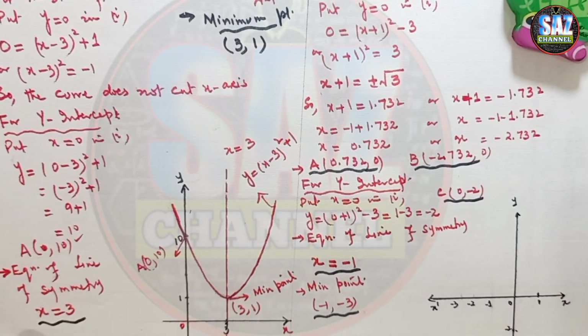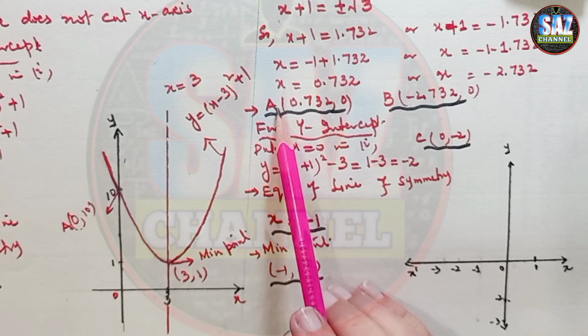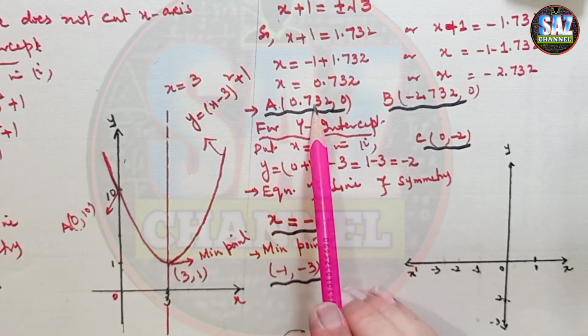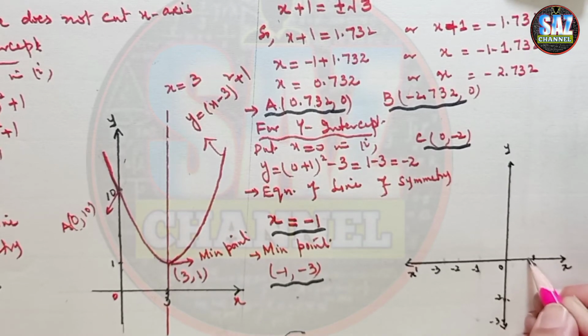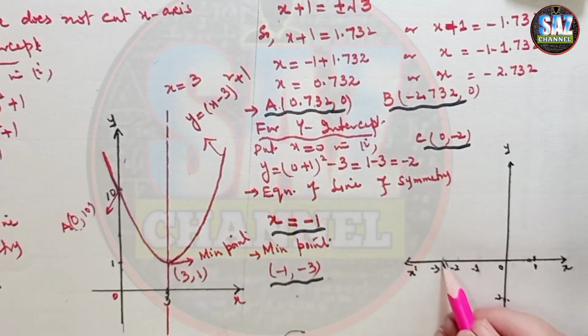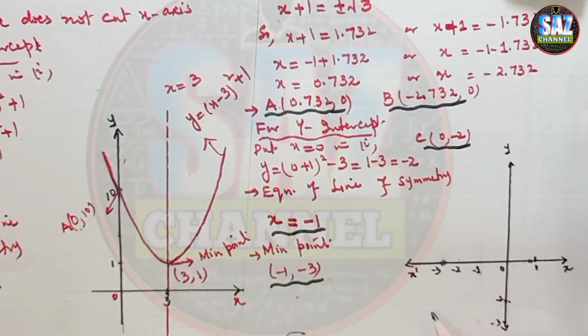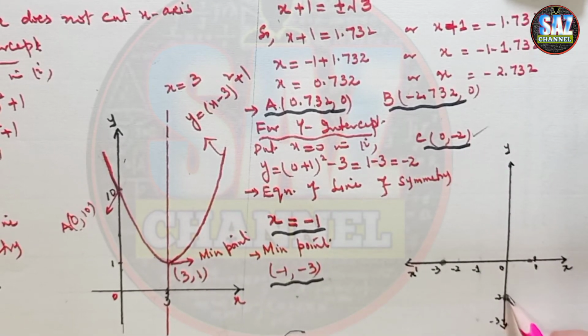Now we have all points with us, so it's time to mark the intercepts. X-intercepts are 0.732, 0.7, so it would be closer to 0.1, and on the negative side 2.732, this is 3, so it will be slightly coming over here, and then x is equal to minus 1. The y-intercept is 0 with minus 2, so the point will be coming at this place.